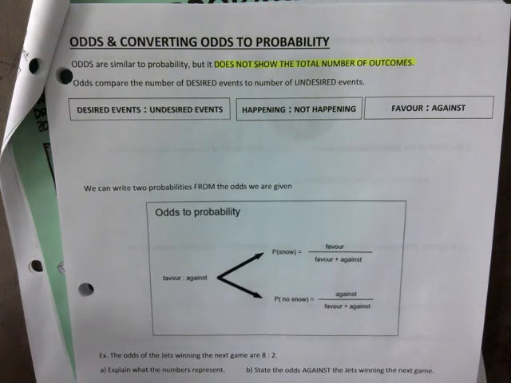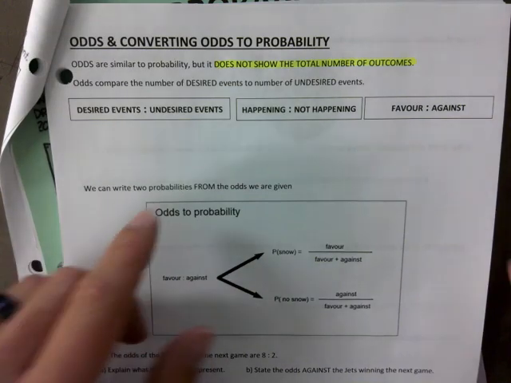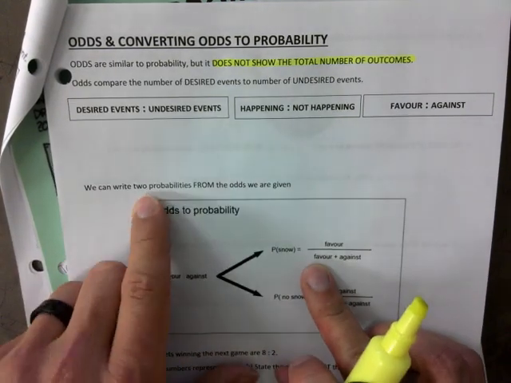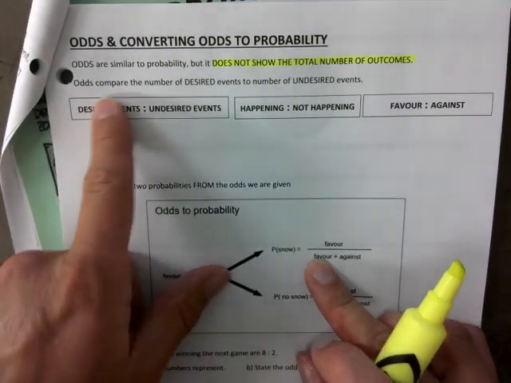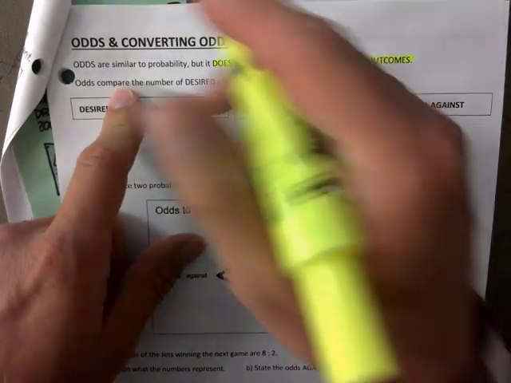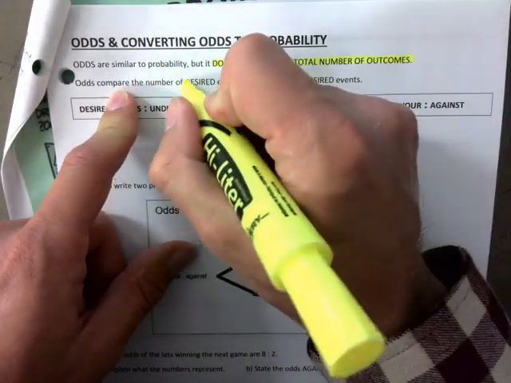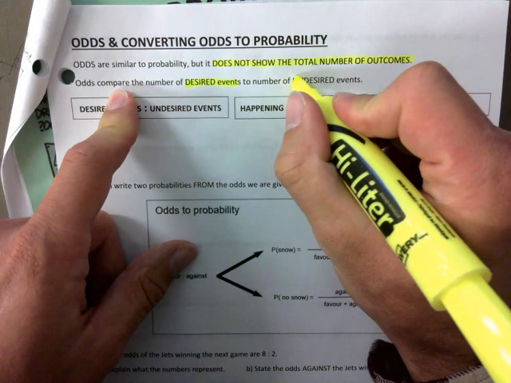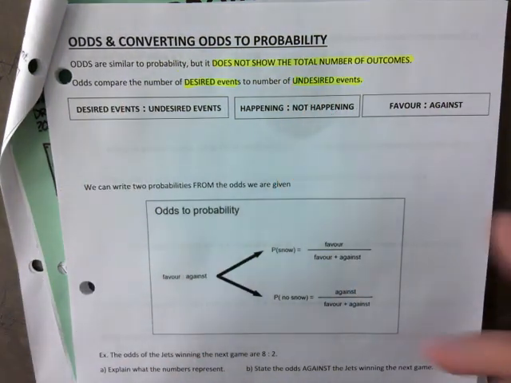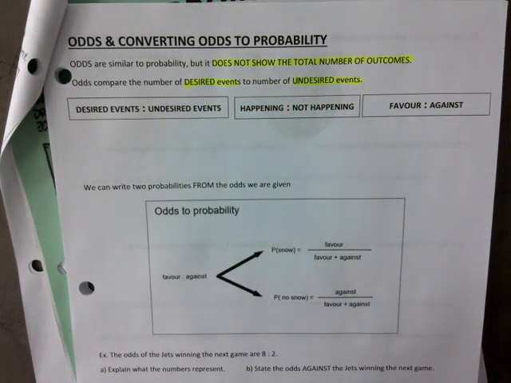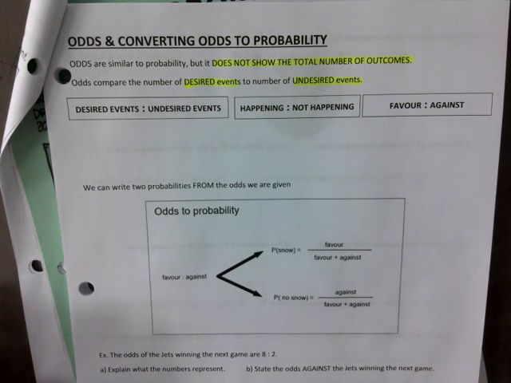You can still get the total number of outcomes if you're given odds, and we'll see that when we convert between probability and odds. But that's the main difference. So what are odds? They compare the number of desired events to the number of undesired events.